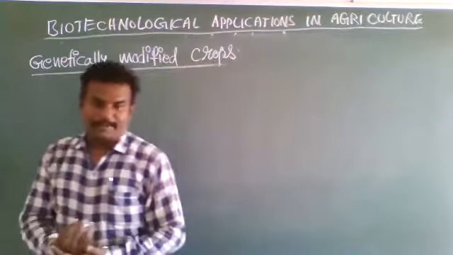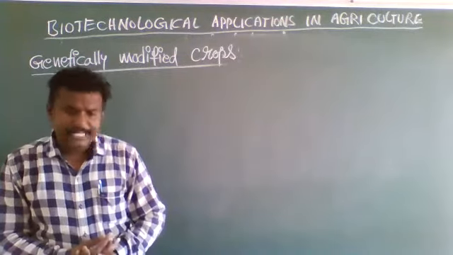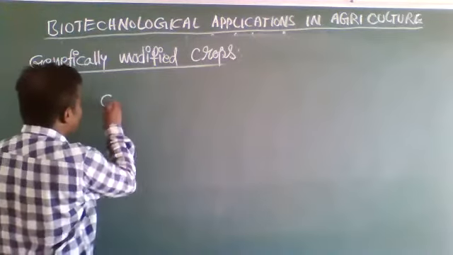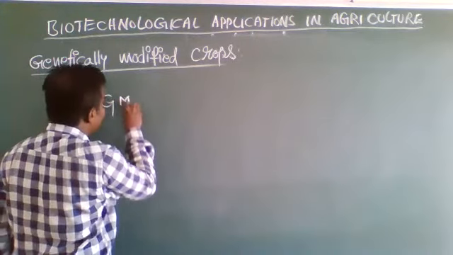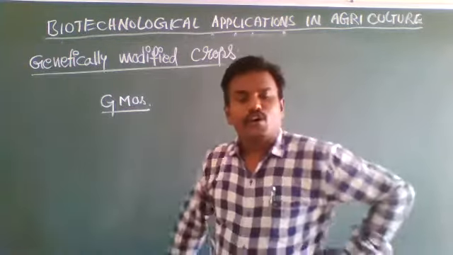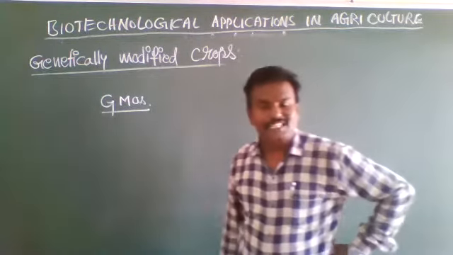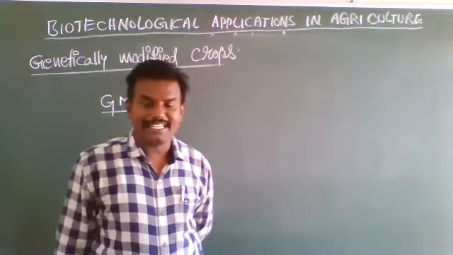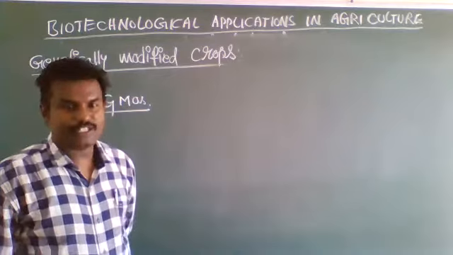Genetically modified crops are genetically modified organisms. Genetically modified organisms are those which contain a foreign gene in their body, in their plant body.